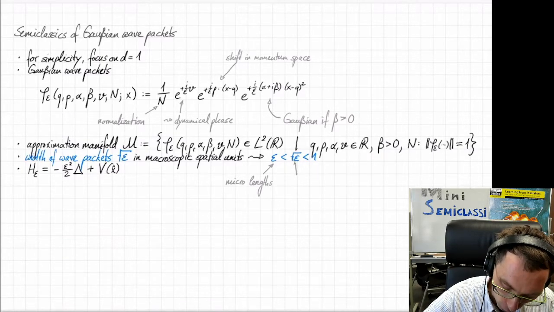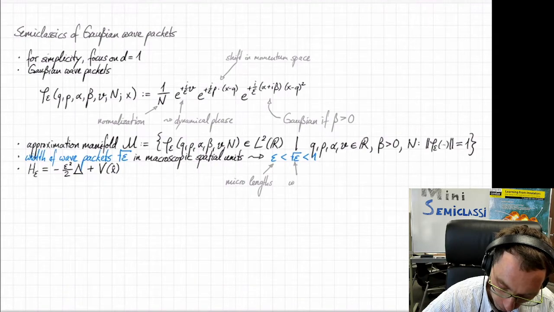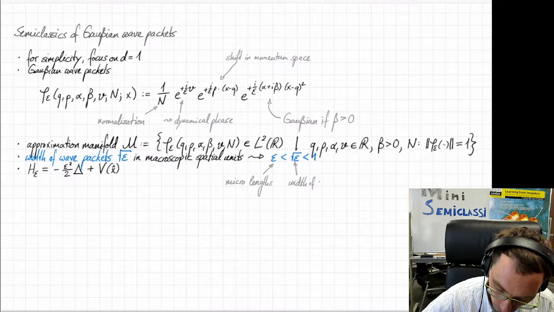They are small compared to the width of the wave packet. And the width of the wave packet is small on the macroscopic scale.